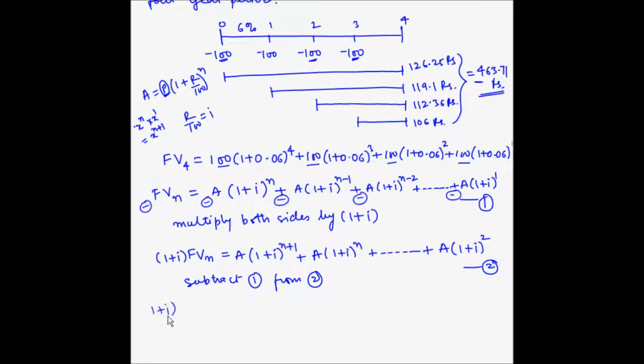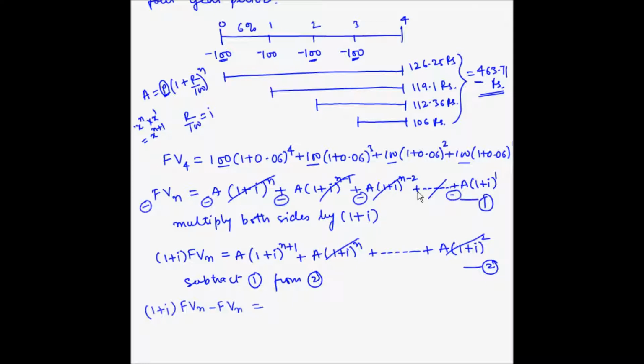So 1 plus I into FVN minus FVN is equal to, now this term gets cancelled with this term and so on, and also in the first equation there will be A into 1 plus I to the power 2, so this will get cancelled with this term here, all these will get cancelled.